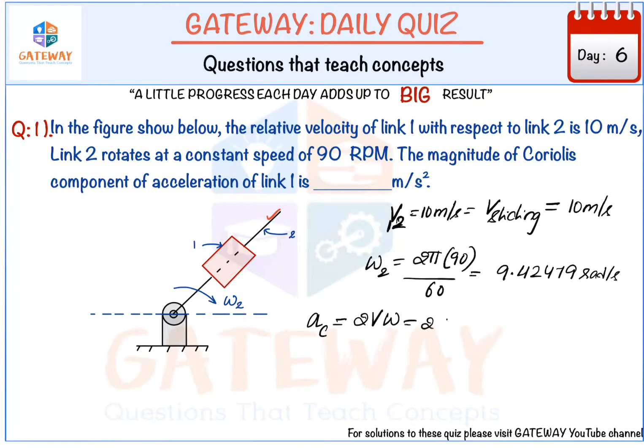So 2 into 10 into 9.42479, and the answer comes out to be 188.496 meter per second squared.